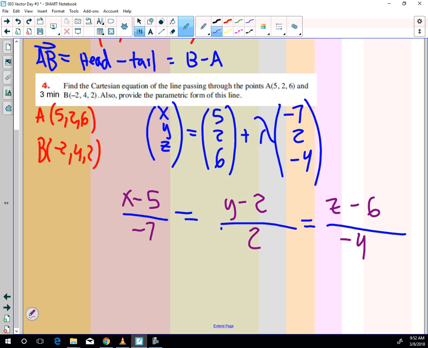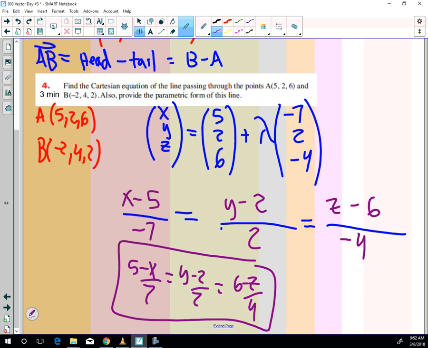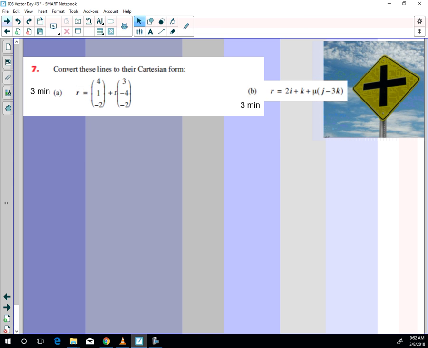If you do that one the rest of the way, you're going to see that that's the answer. Now, granted, you might see it as 5 minus x over 7 and 6 minus z over 4. That's probably what you're going to see. But I just wanted to give you a heads up on that. And I think that's kind of fun. So you do those.